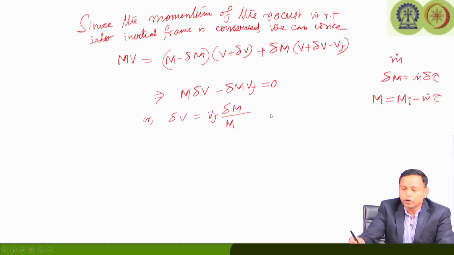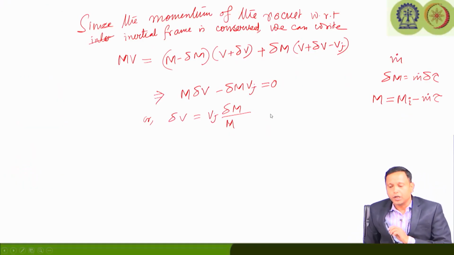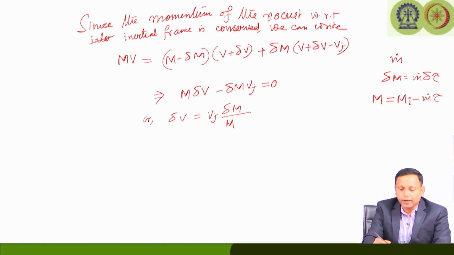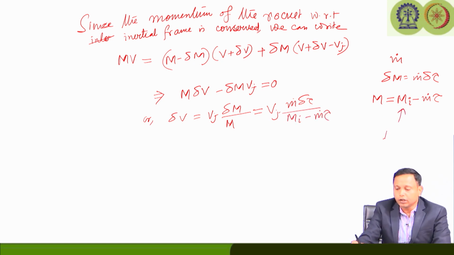We have already got the relationship of m, which is mi minus m dot tau. So, we can simply write this equal to vj times delta m, which is m dot into delta tau, divided by m, which is mi minus m dot tau. Mi is nothing but the initial mass of the rocket.